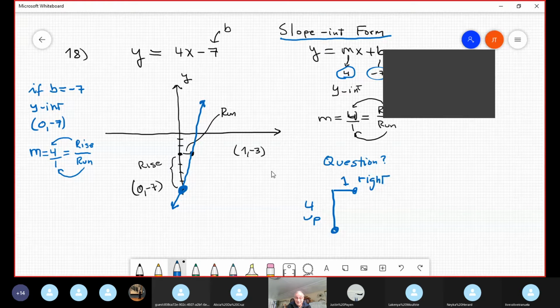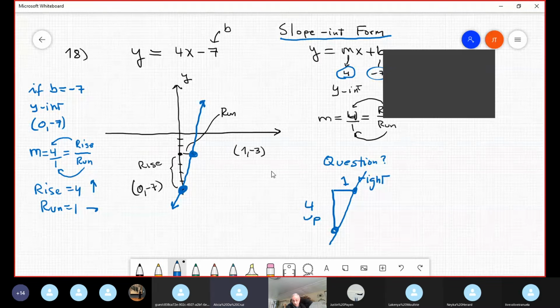This is rise equal 4, and run equal 1. This is up and this is to the right. I get the second point and the rest is connecting both points by a straight line and end of the story. This is another way, guys, to do the graph of the line. If we practice now, we have 18, 19, 20, 21, 22, until you say, no, enough, professor, I understand very well.